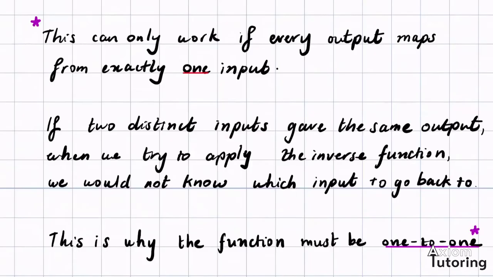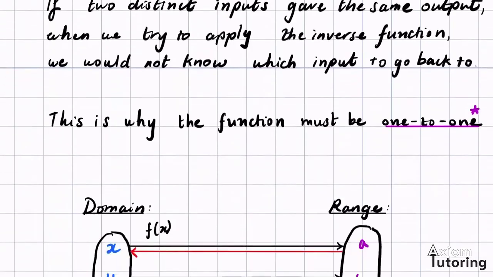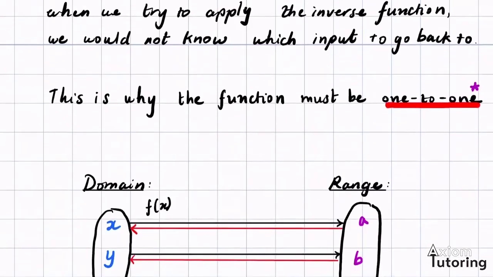So if we had two values in the domain that gave the same range value, if we try to apply the inverse function of that range value, we don't know exactly which domain value we should go back to. So that's why the function must be 1-to-1.